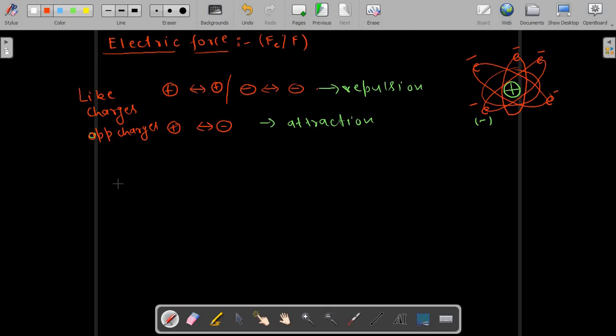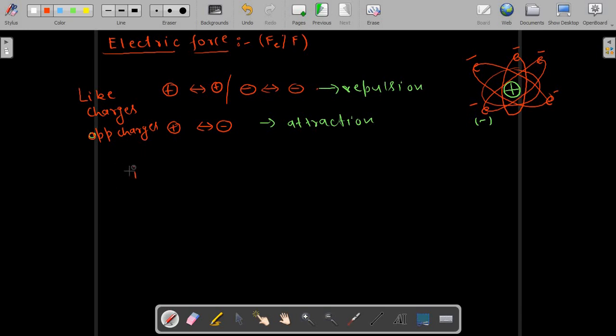So they were very keen to observe the nature of the force. There were two kinds of forces, repulsion and attraction, but now they wanted to form the formula. They straight away couldn't find the formula.